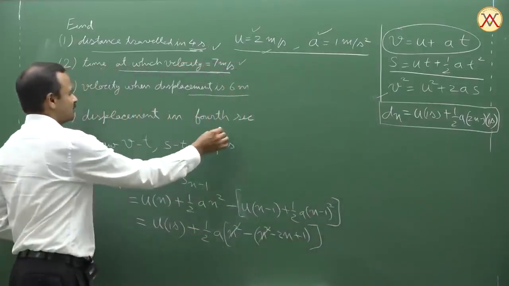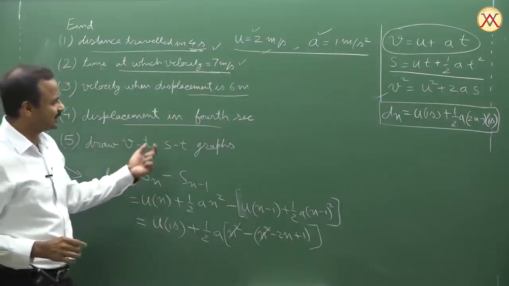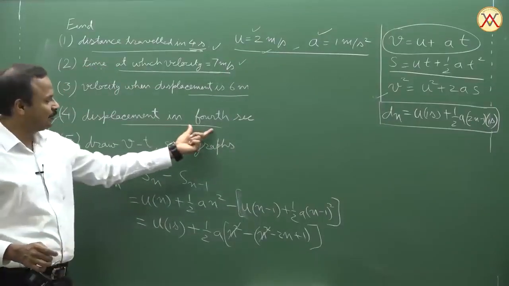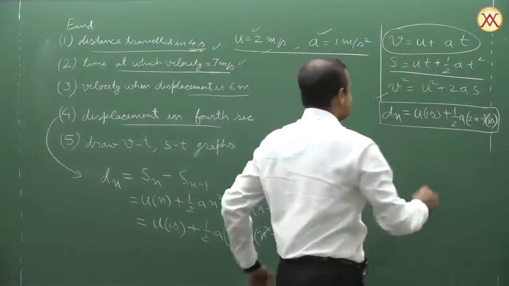Now for solving the fourth part, you just have to put the values of u, a and n equal to 4 in this result.